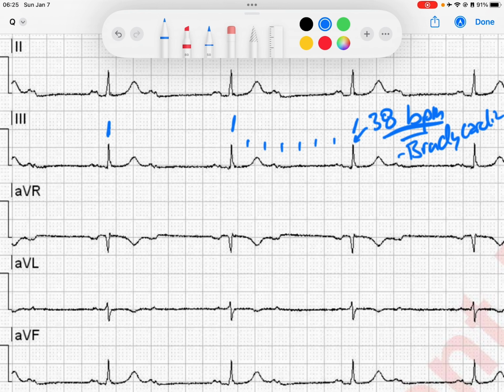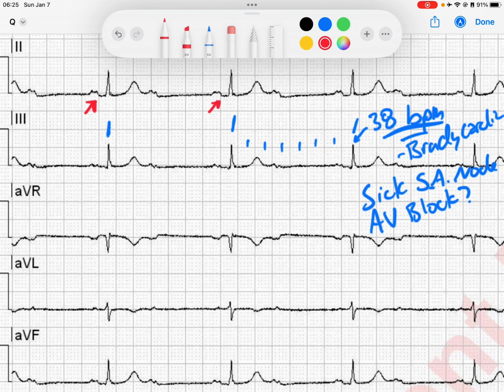First thing that comes to my mind is, is this a sick sinus node? Is this an AV block? Those are big things that come to my mind. And what you'll see is when you look, I have a P wave in front of my QRSs.